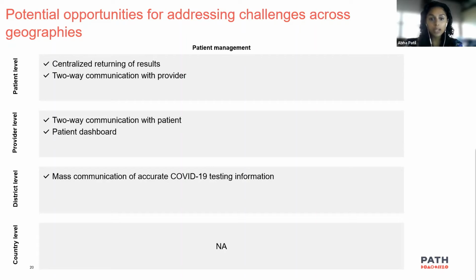And at the provider level as well, a patient dashboard to manage the number of tests that are being run on various patients. And at the district level, an opportunity for mass communication of accurate COVID-19 testing information, where to get tested, why to get tested, and some information beyond that. So if anyone has any thoughts on how to centralize patient management or make that more efficient, we would really like to hear your thoughts.